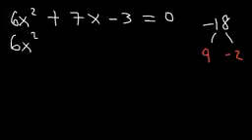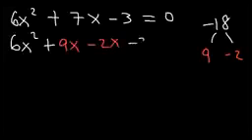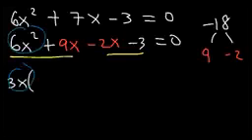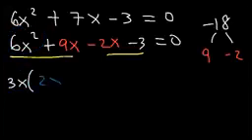So we're going to replace 7x with 9x and negative 2x. It doesn't matter the order in which you put the two numbers; you'll still get the same answer. So now let's factor by grouping. In the first two terms, take out the GCF. 3x can go into 6x squared and 9x, so let's remove 3x. 6x squared divided by 3x is 2x, and 9x divided by 3x is simply 3.